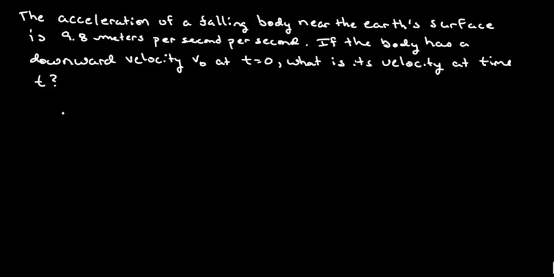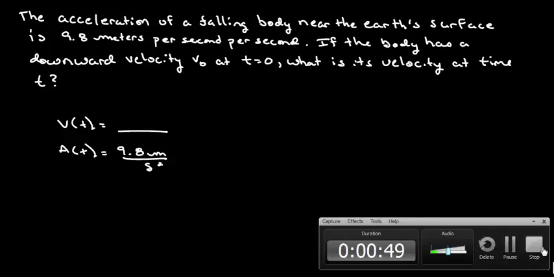We've got velocity as a function of time. This is the guy we need to find here. Now we do know the acceleration as a function of time is 9.8 meters per second squared, just like that.